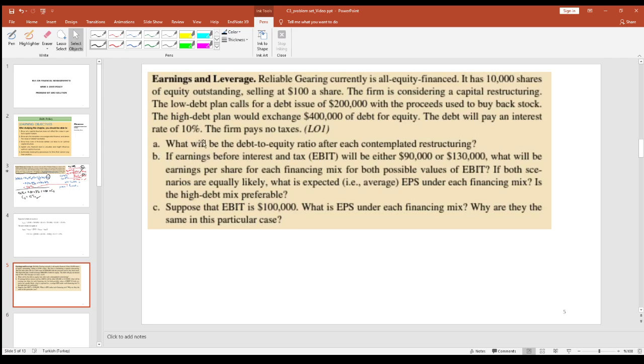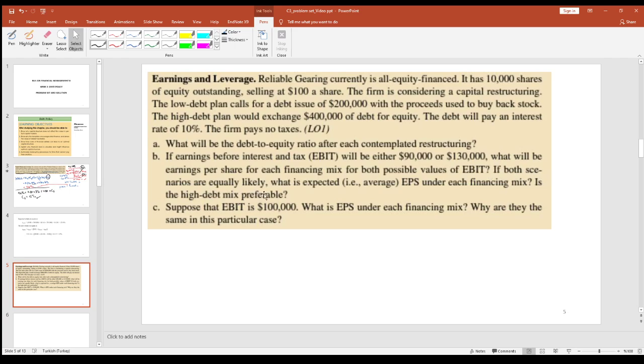So A, what will be the debt to equity ratio after each contemplated restructuring? We have two restructuring plans. B, if earnings before interest and taxes, EBIT, will be either $90,000 or $130,000, what will be earnings per share for each financing mix for both possible values of earnings before interest and tax?